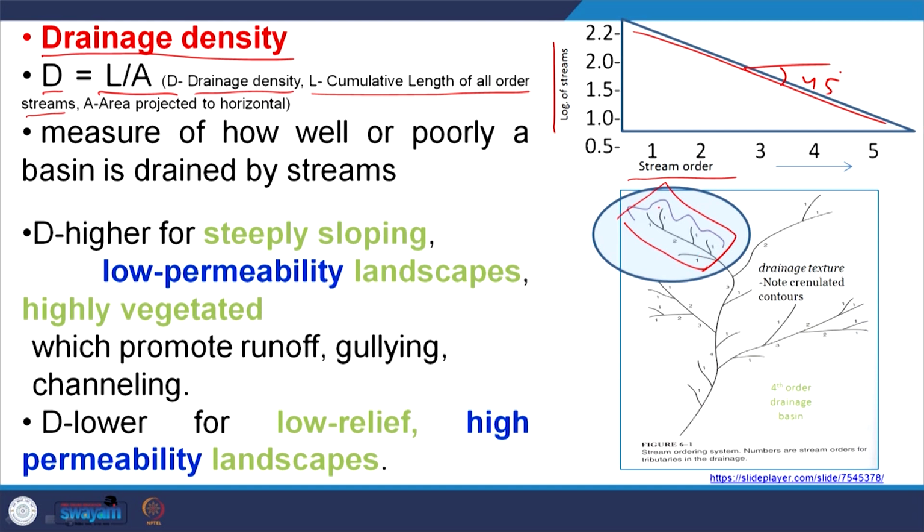here this total length means this plus this plus this. Irrespective of order, it is the total length of the streams over the total area. It is a measure of how well or poorly a basin is drained by streams. If the drainage density is high, the channels are well distributed or the area is densely channeled.